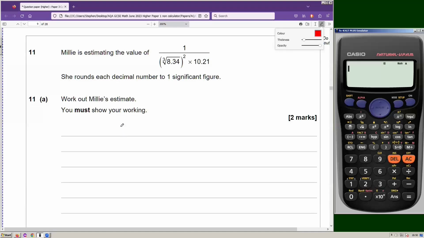So we're going to go 1 over cube root of, it's going to be 8, one significant figure, and then that's going to be squared times 10. Well, if you know your cube root of 8 is going to be 2, and 2 squared is going to be 4, times 10 is 40, so it's going to be 1 over 40.